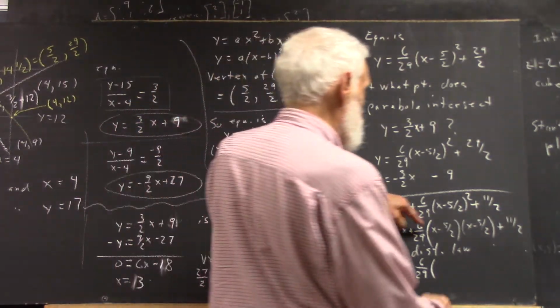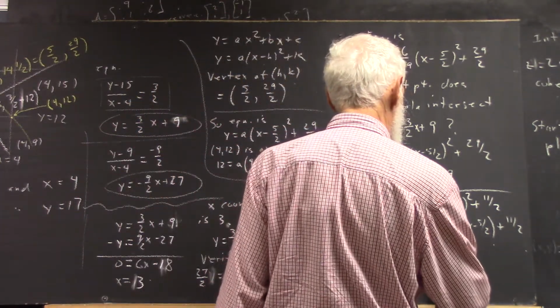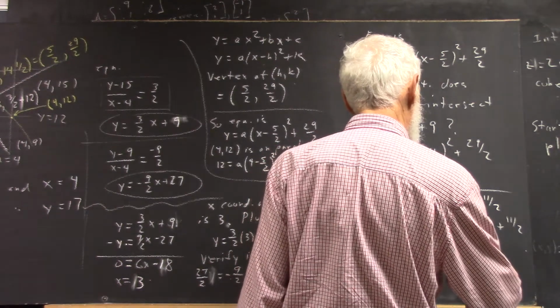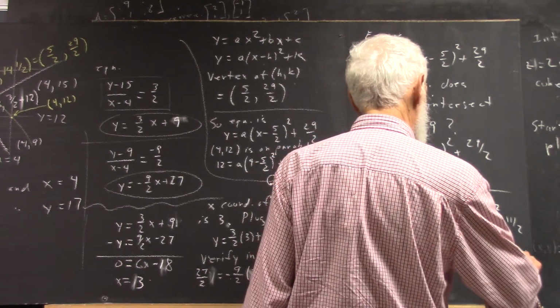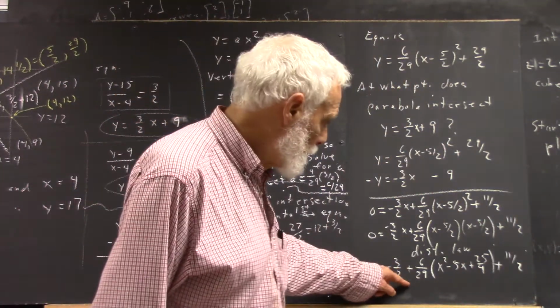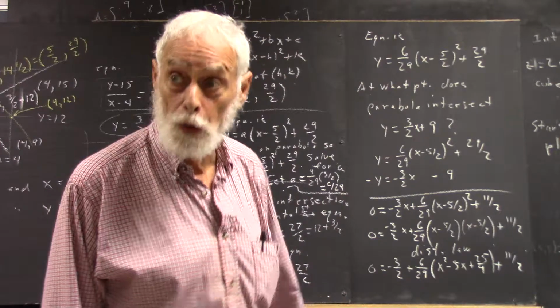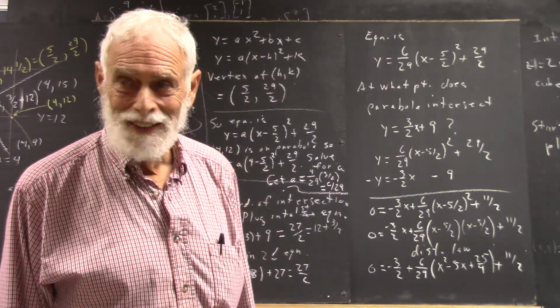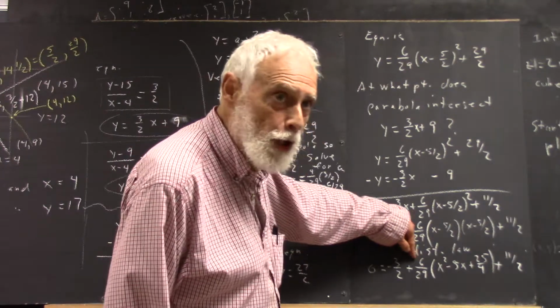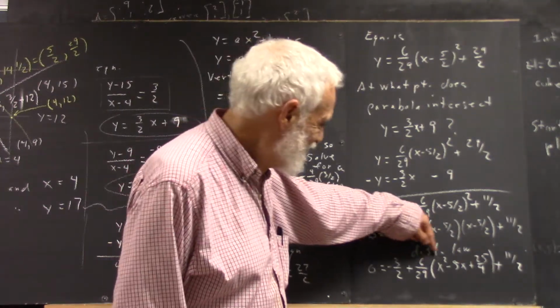Okay. So we get x squared minus 5x plus 25 fourths plus 11 halves. It should be clear that I can then multiply through by 6 over 29 using what? This blamably distributive law. Okay?